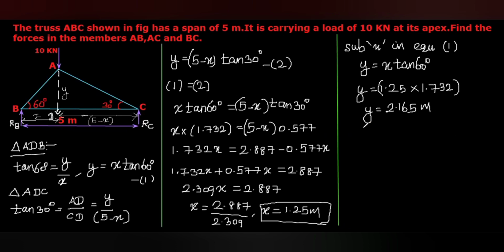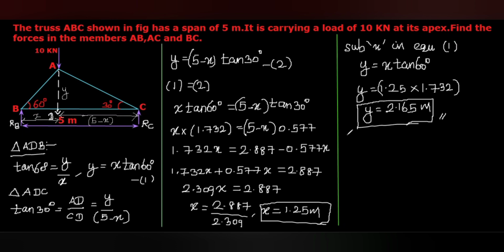So the values of x and y that we calculated here are required, that means these two values are required to calculate the reactions. Now I'm going to calculate the reactions.